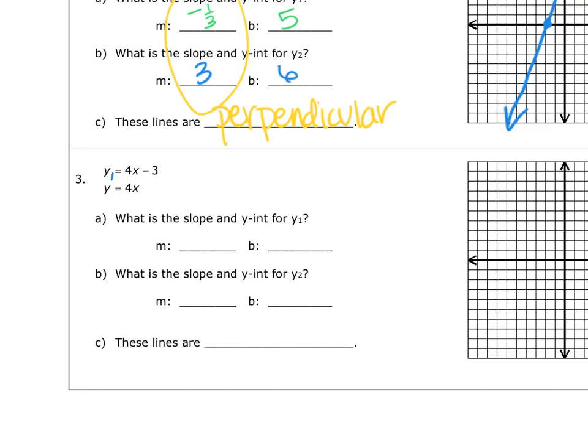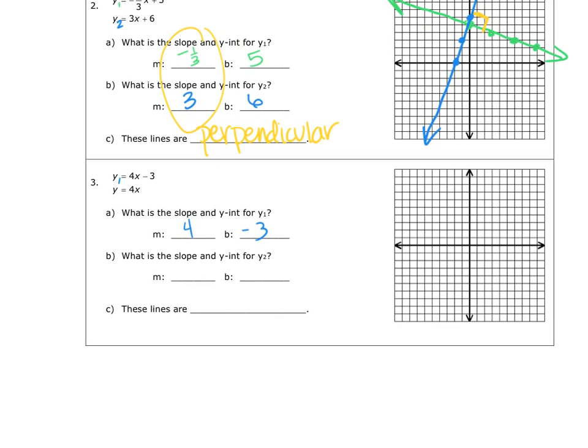Problem 3, y1 has a slope of 4 and a b value of -3. So I start down at 3, go up 4, right 1, up 4, right 1.